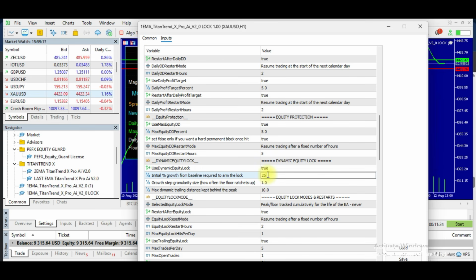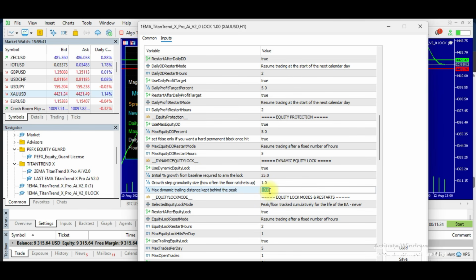After 25%, the percentage you put here is what it keeps before it can climb up, a 10% distance behind the peak. It peaks at 25%, then after 25%, the next peak will be 10%. So that is the setting here.